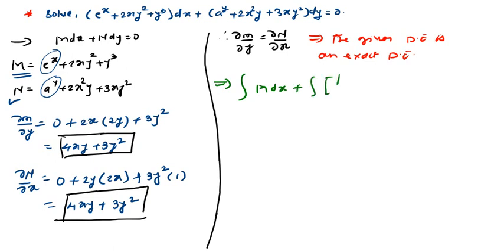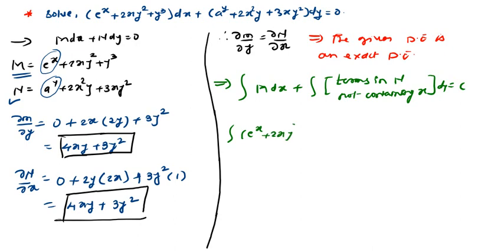integration of M dx, plus integration of terms in N not containing x, dy, equal to constant. So put the value for M as e to the power x plus 2xy square plus y cube, dx, plus integration of terms in N not containing x.